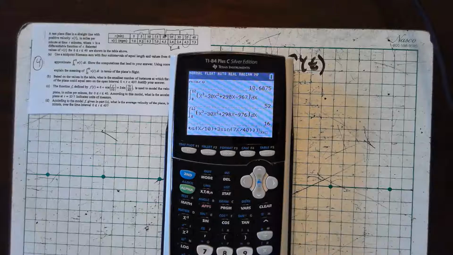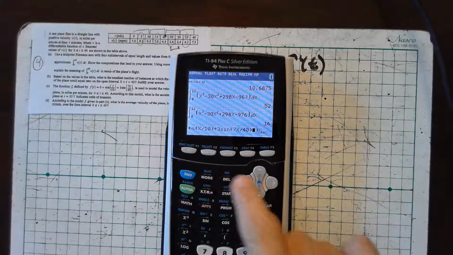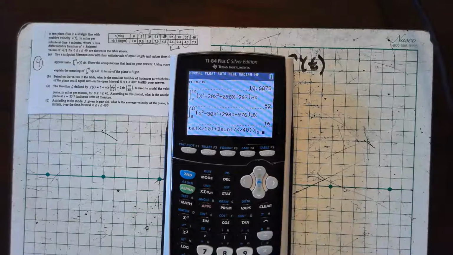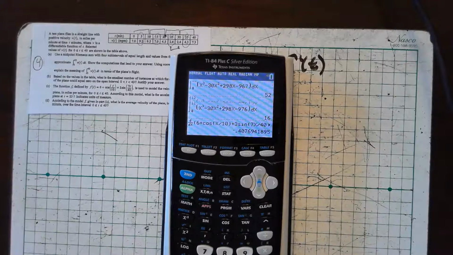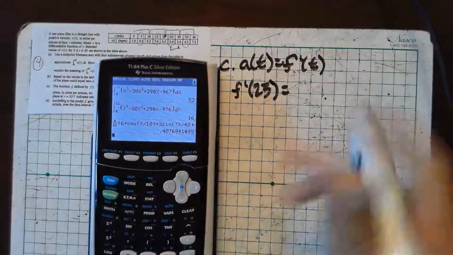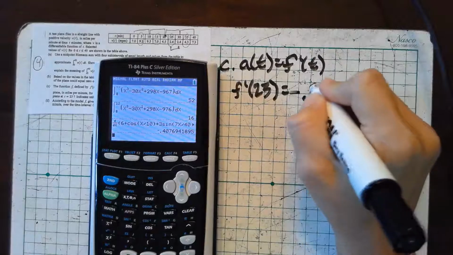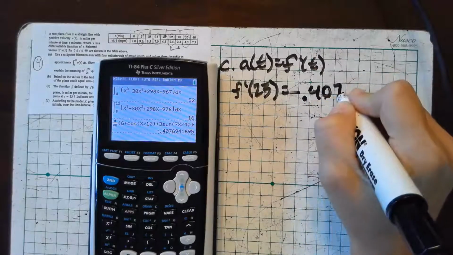And actually I have an extra parenthesis I need to delete. Okay, I'm doing this at 23. All right, so I get this to be negative 0.407. Remember, at least 3 decimal places.